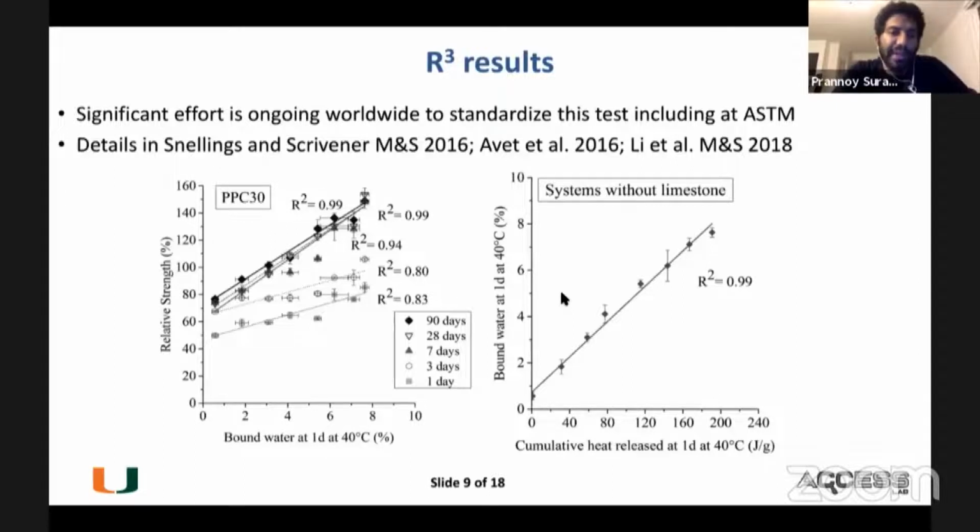So you get a 10x savings in cost. Of course, there's no such thing as a free lunch. You lose something in terms of precision, continuous measurements, etc. But it is a very attractive proposition for many to use the bound water instead. And I've listed the papers here. I can send them to you later if you send me an email as well, which give the details of this testing.